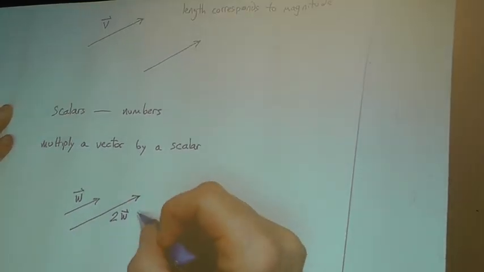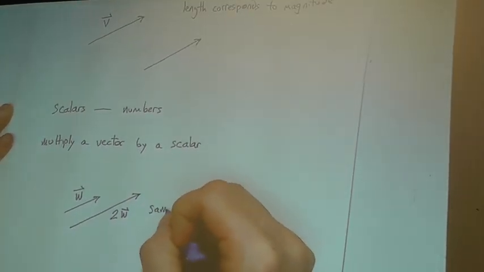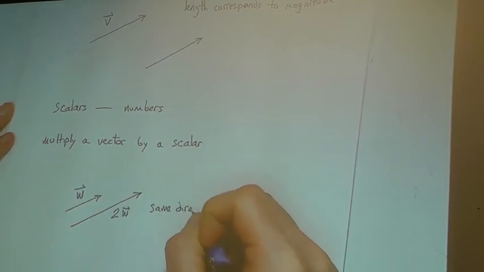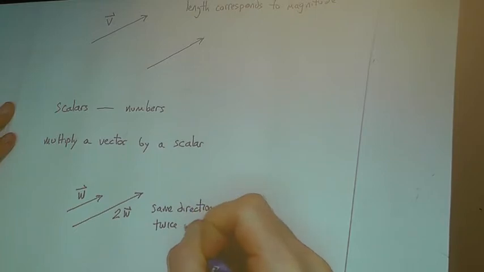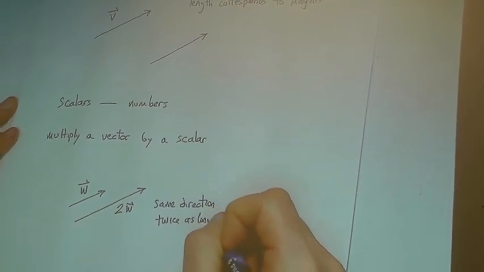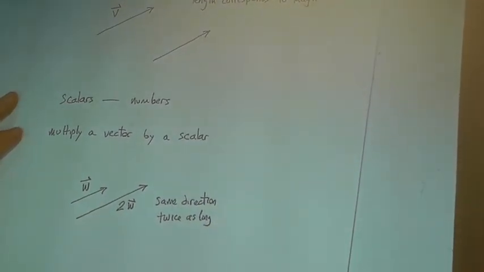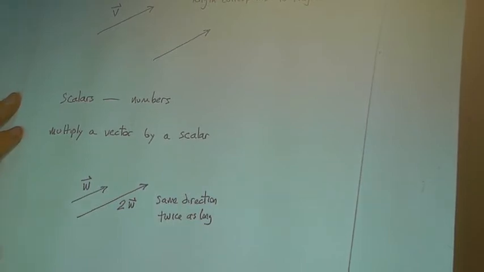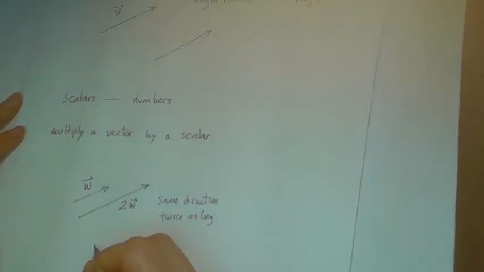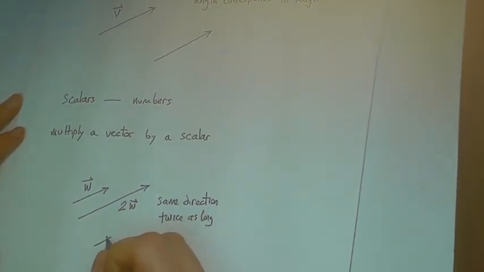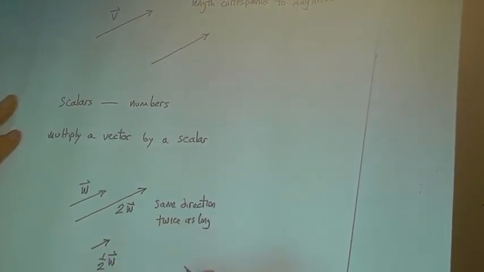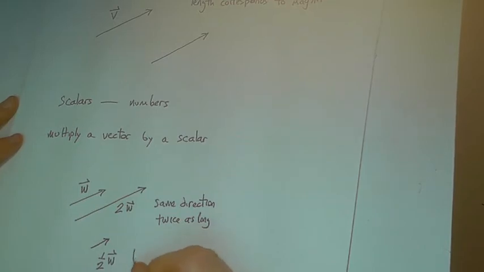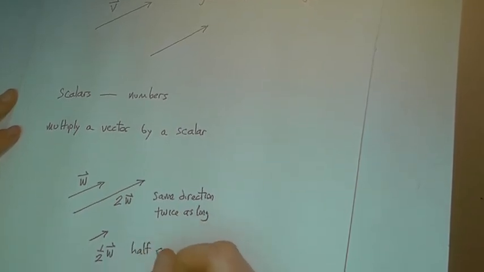It should be in the same direction, but twice as long. And if I wanted to look at 1/2 W, it would point in the same direction, but half as long.